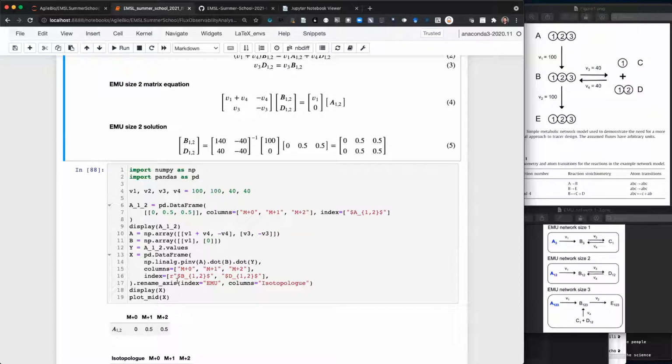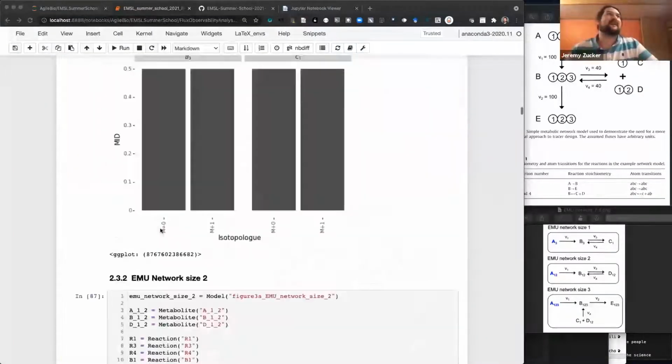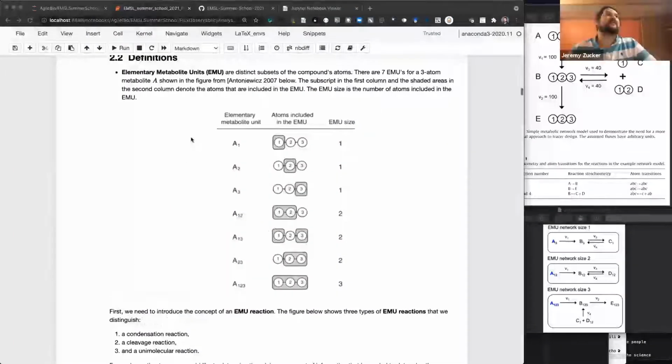Another question, Discord. Do we do this for the entire GSM, genome scale model? So the answer is that, as you might guess from the fact that even with just a 3-atom molecule, you get 7 elementary metabolite units, things blow up pretty quickly.